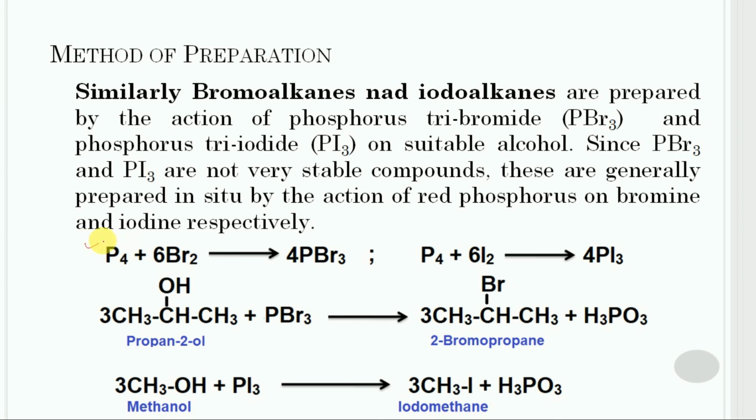So this first reaction shows the reaction between red phosphorus and bromine, and this phosphorus tribromide will form in situ and it will react with propan-2-ol and 2-bromopropane will get formed. Similarly, in the second case, red phosphorus will react with iodine and phosphorus triiodide will get formed in situ and it will react with alcohol, that is methanol, and finally iodomethane will get formed.